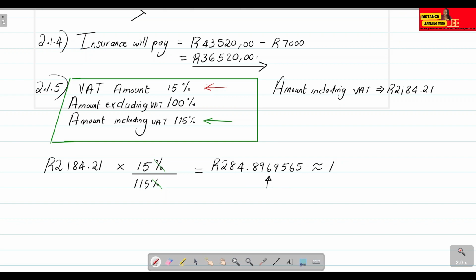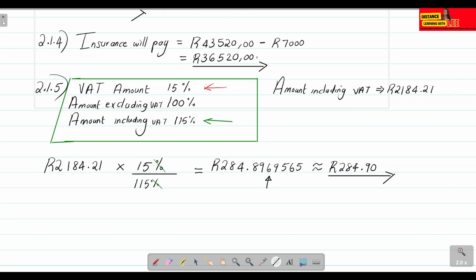In this case, this 6 tells us that we need to round the 9 up, and when you round the 9 up, that automatically means that we also need to round that 8 up. So our answer is just going to be 284.90.